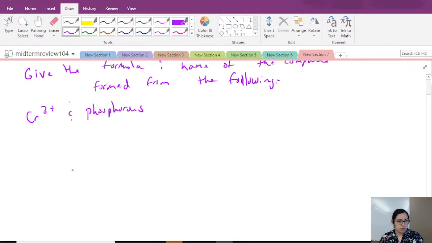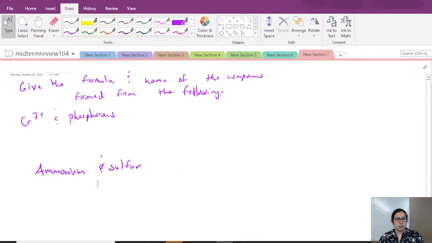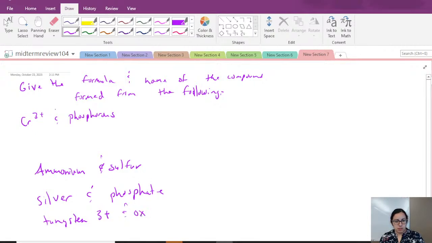Let me write out several problems. So ammonium and sulfur. Silver and phosphate. And then the last one, tungsten 3 plus and oxygen.